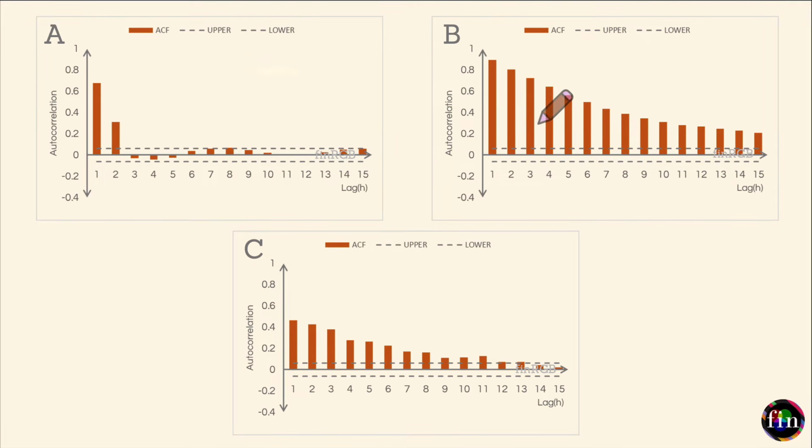For this purpose, we therefore need help from another type of plot, and this is the plot of the partial autocorrelation with respect to lag. Let's very quickly recap this concept.